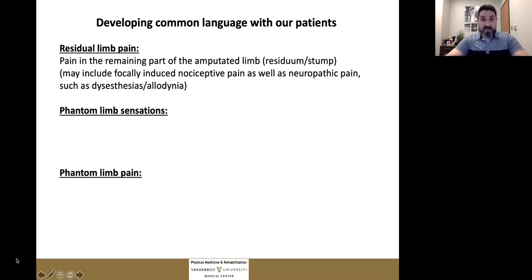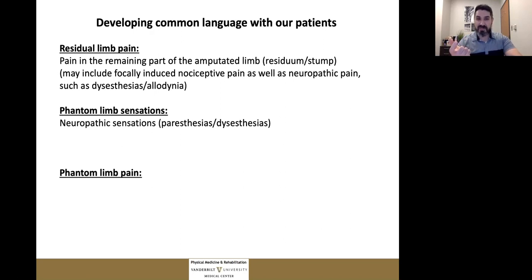Now, here's what's going to happen. When we talk to them about phantom limb sensations, it's good to qualify them. These can be paresthesias, dysesthesias, but here's the thing: they're non-debilitating. Can you tune it out? Could you carry on? Is it limiting you from using your prosthesis? No. Okay, great. Could you carry on a conversation? Can you tune it out? Yeah, great. Those are phantom sensations versus phantom pain.